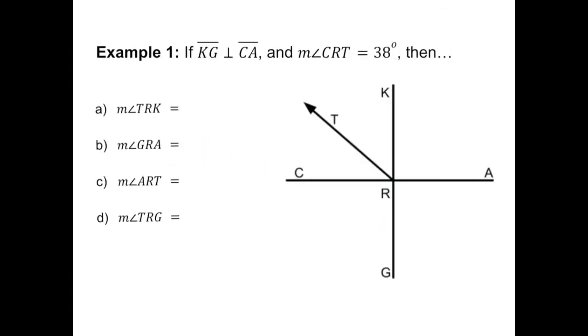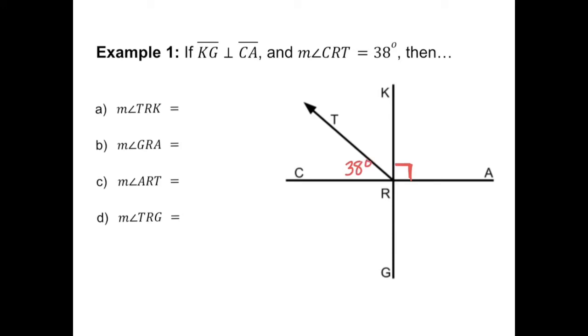So in this example, we are given that KG is perpendicular to CA, so I'm going to go ahead and come in here and draw a right angle so I know that they are perpendicular. And then it also says the measure of angle CRT is 38 degrees, so I'm going to add that right down there.